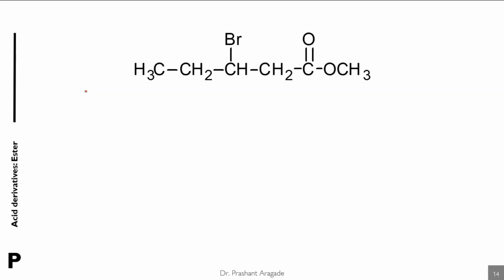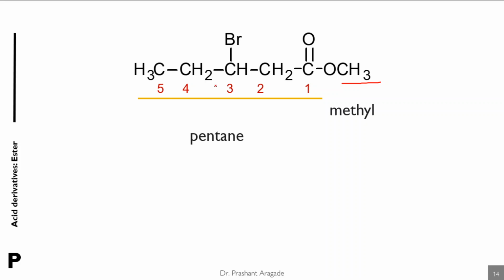Let's see another example which contains a substituent on the alkane portion. Here the methyl group attached to oxygen is regarded as the alkyl group, that is methyl. Then select the alkane portion containing 5 carbon atoms, meaning pentane. E replaced with OATE, so the name is pentanoate.